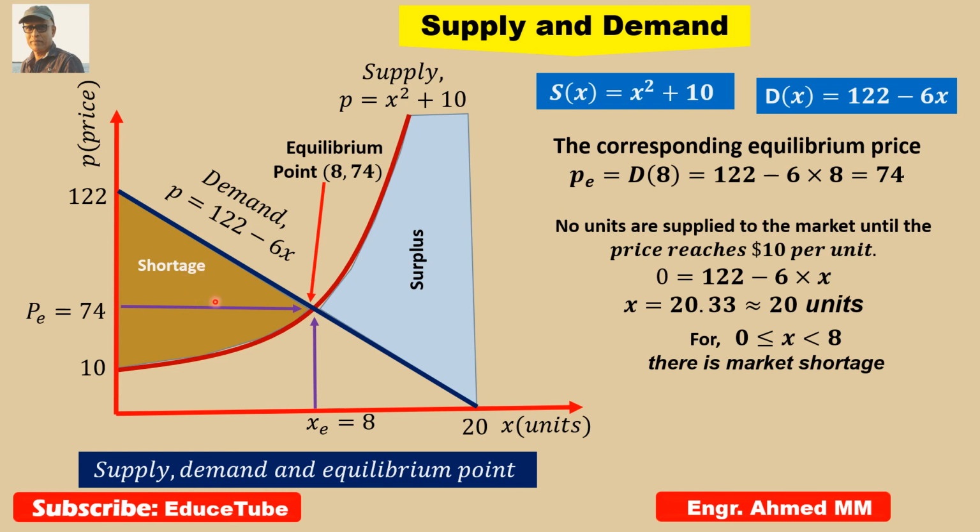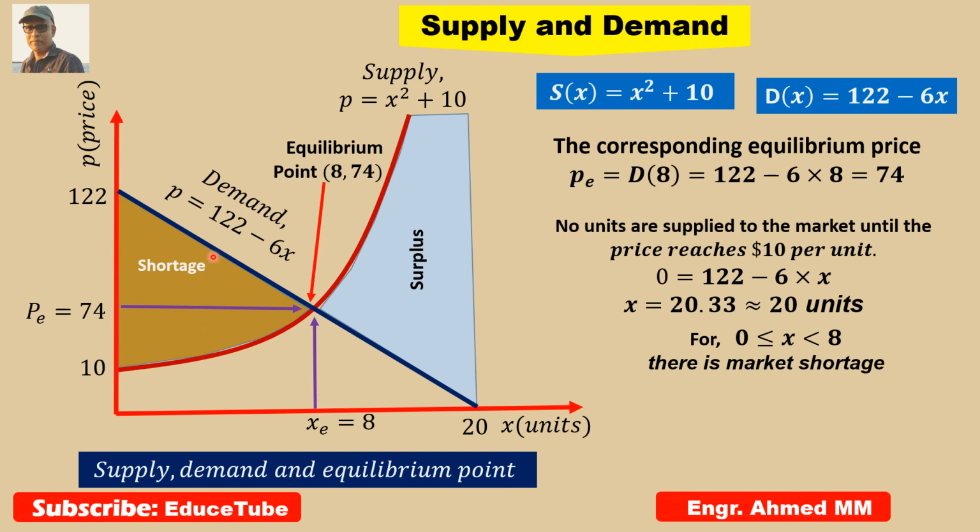There is a market shortage, and the supply curve is below the demand curve. The supply curve crosses the demand curve at this point. It means (8, 74). It's a very important point.